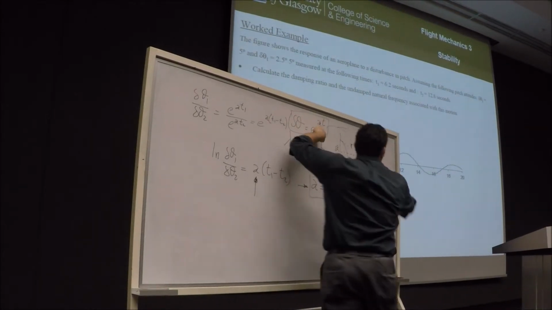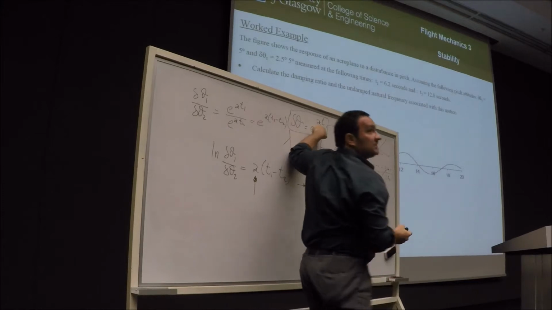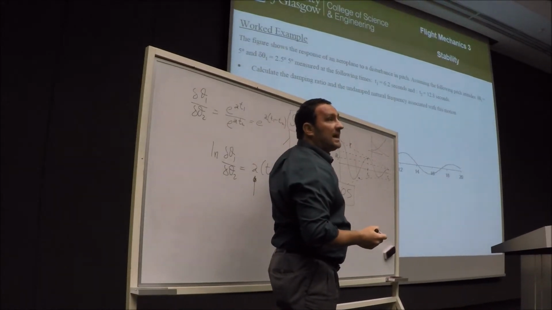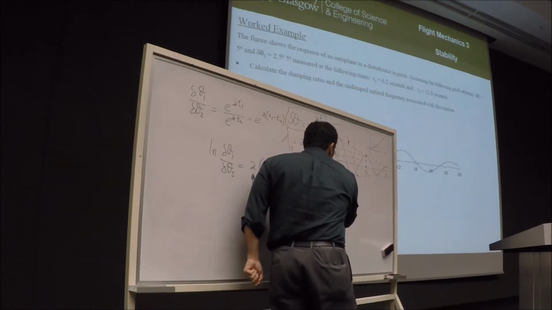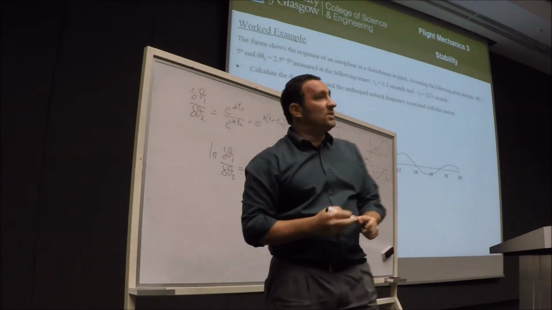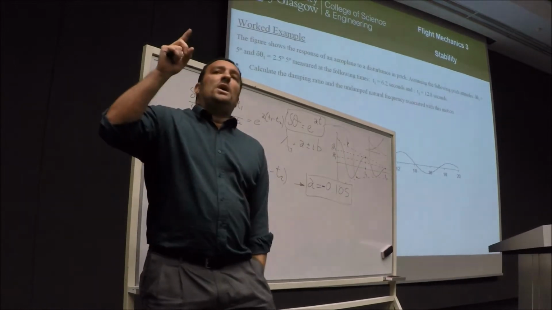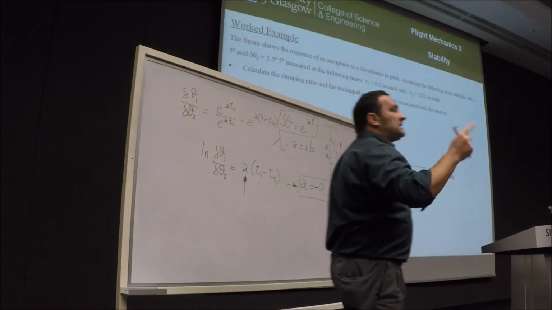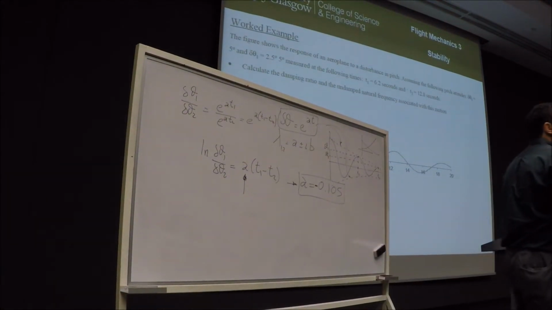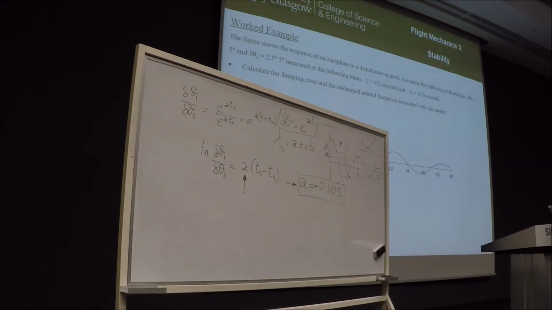If it's negative, it goes like this. So this should have a minus 0.105. This is important because it is the first check that you can make that you are on the right track.